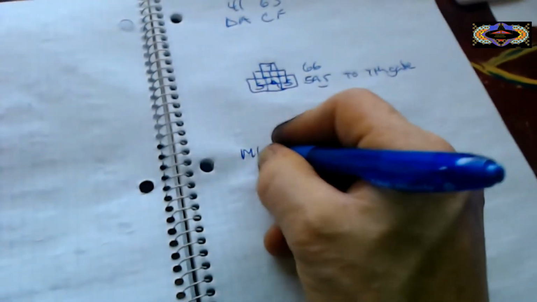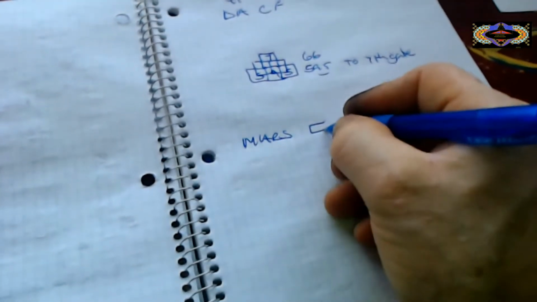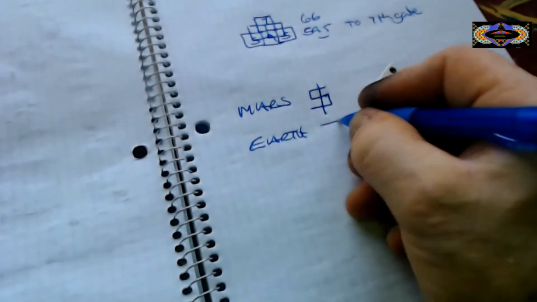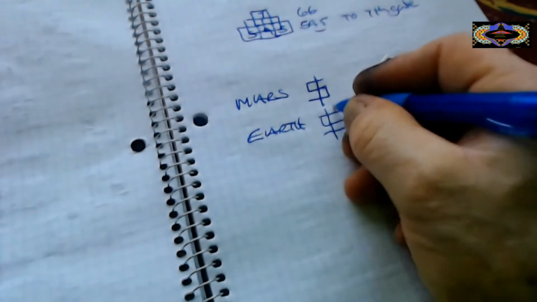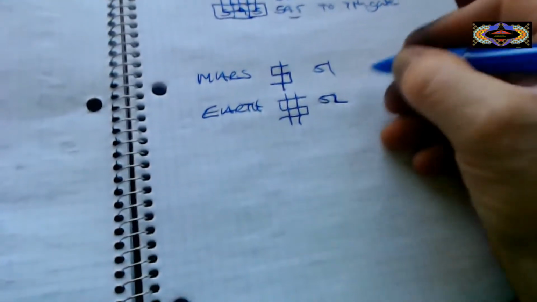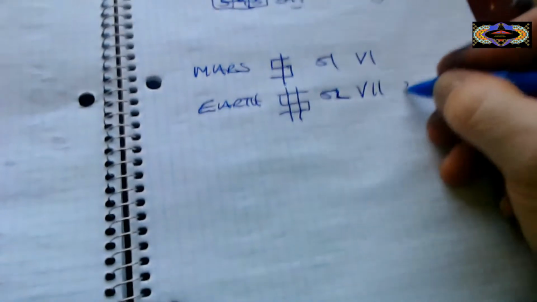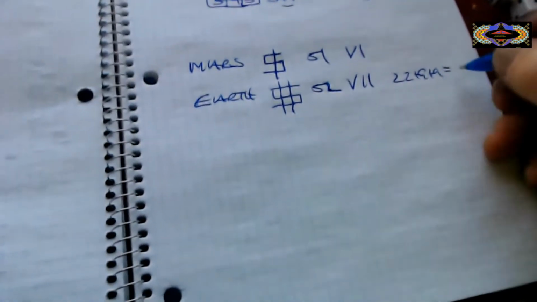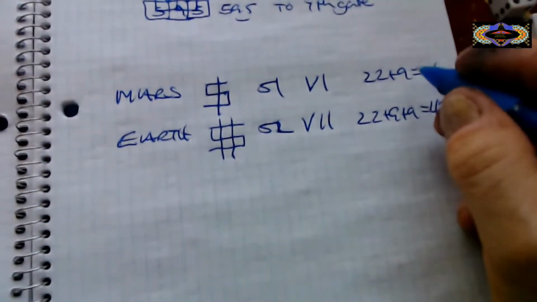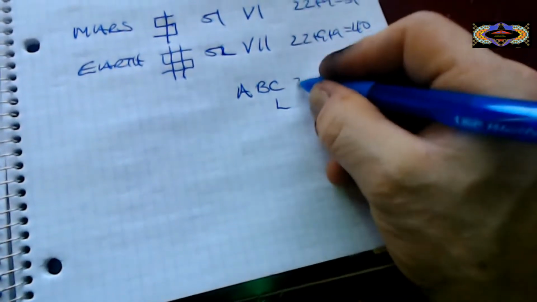Like I said, that Mars is 51 and Earth. Now, what we have to understand with 9 and 9 and 9 is that in the alphabet, once you are in A, B, C, your next level of C is L, 3 and 12.